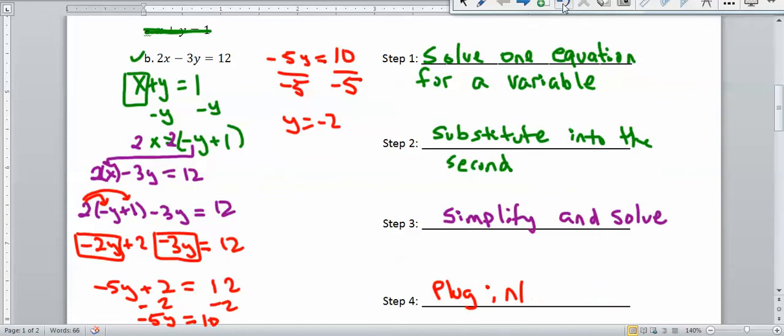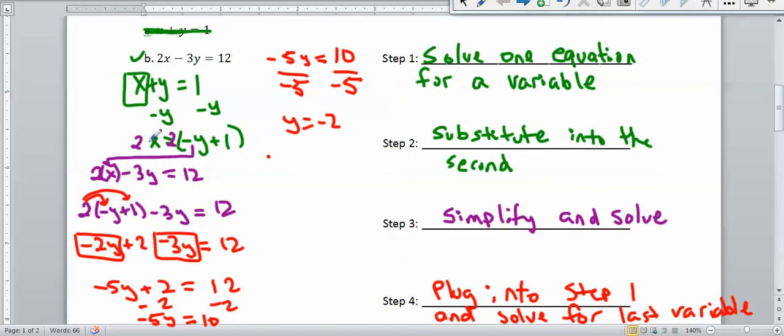So the easiest way is to plug into step 1. Okay, so plug into step 1 and solve for the last variable. So I've got y is equal to negative 2.